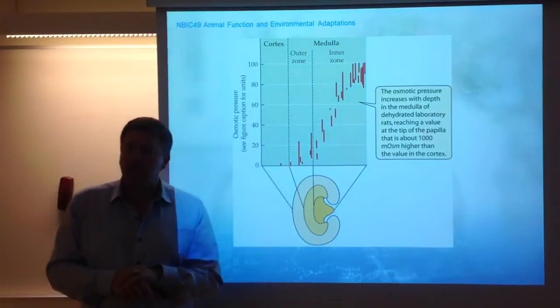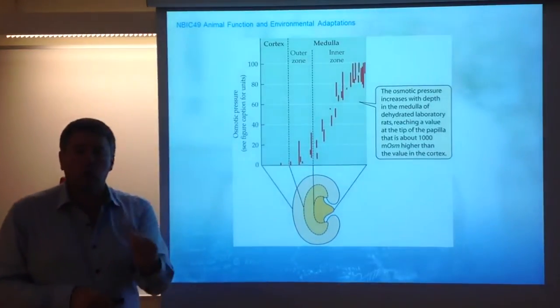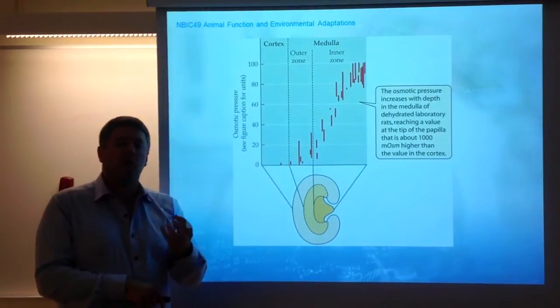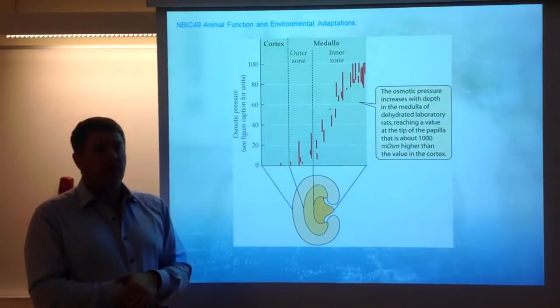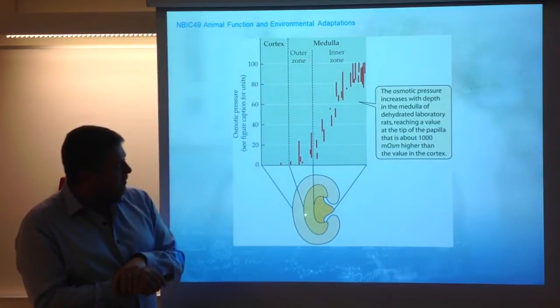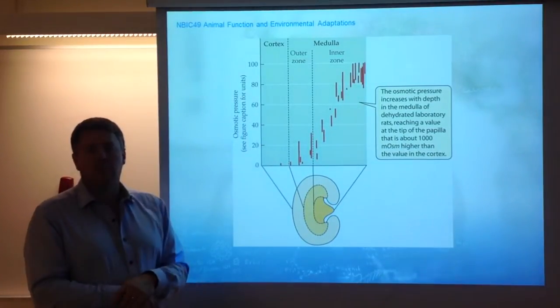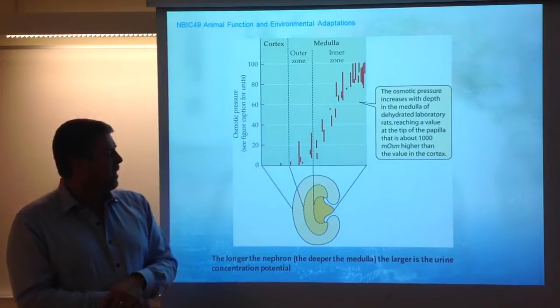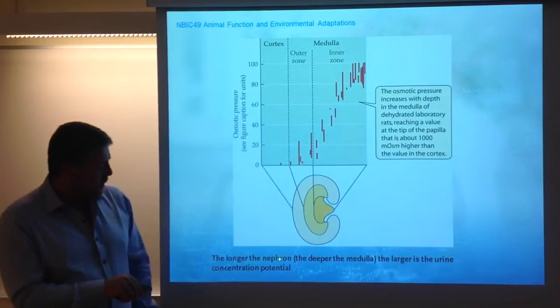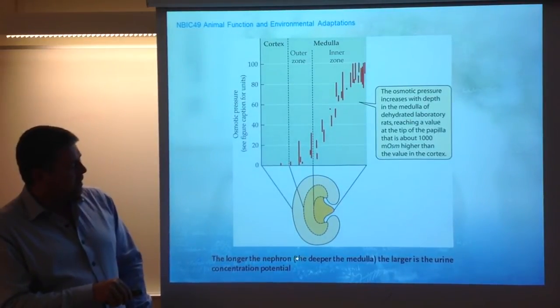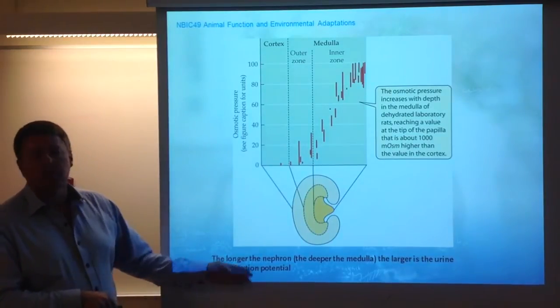This is important because in order to extract water from the urine, in order to produce concentrated urine, you want to have the highest gradient possible in the renal medulla. And this is what this lecture is actually about. The longer the nephron, that means the deeper the medulla, the larger is the urine concentration potential.